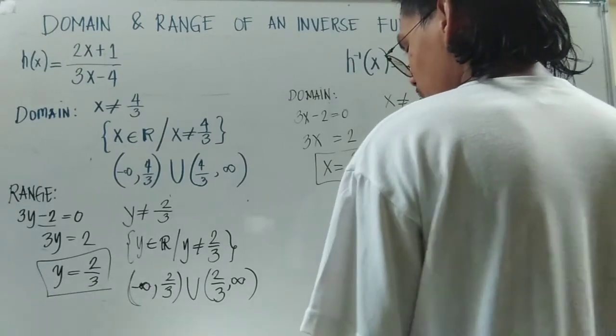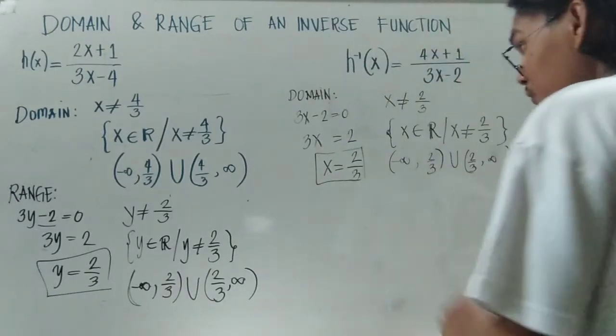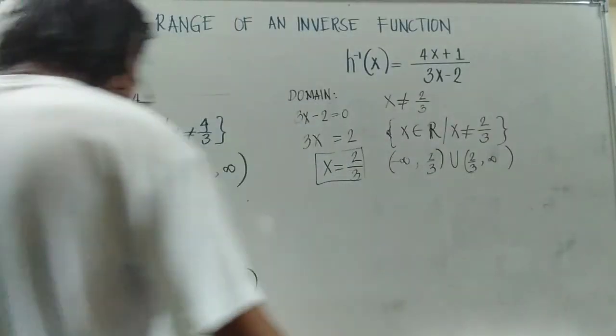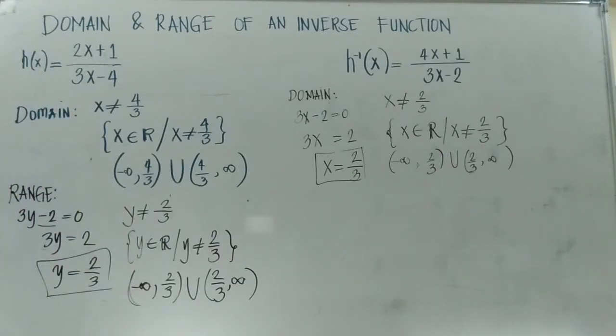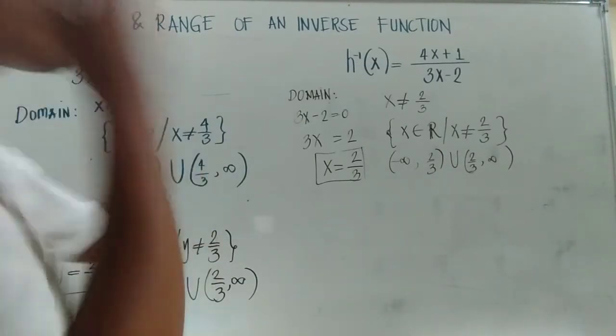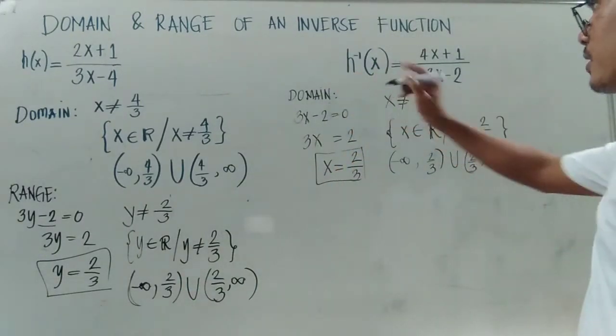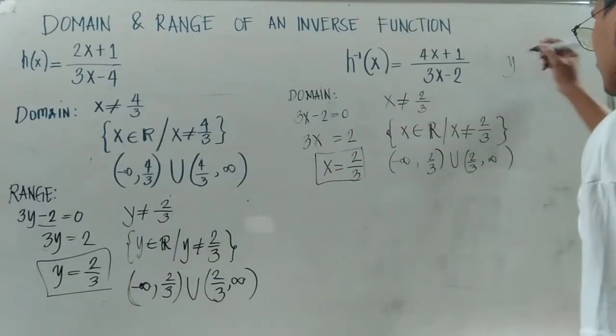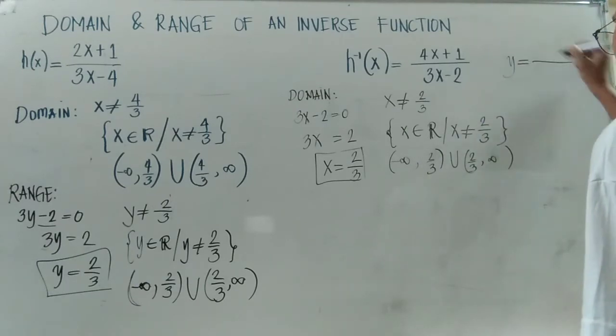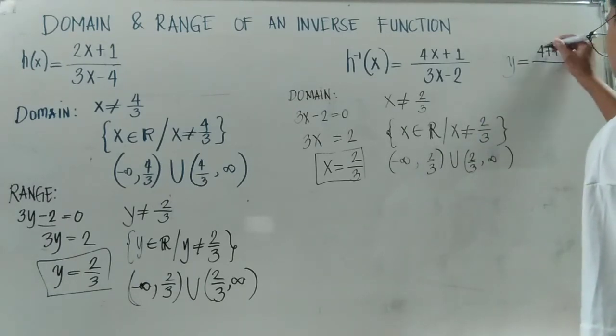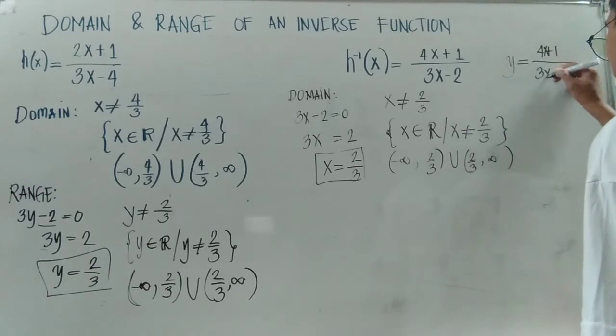Okay, so now let's go to solving the range. Before solving the range, let us first write h inverse of x in y form. So we have y is equal to (4x plus 1) over (3x minus 2).